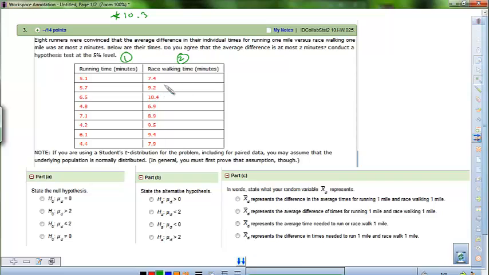They're paired samples. So this one person, person A, let's say, this person's running time is 5.1 minutes and the race walking time is 7.4. And so what we want to do is take a look at their running time and their race walking time.